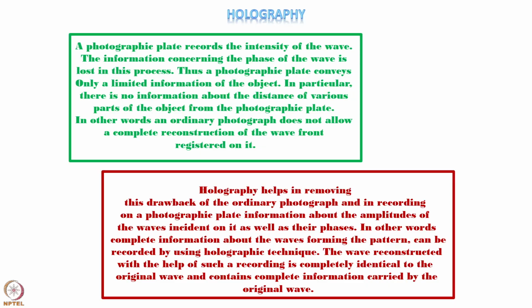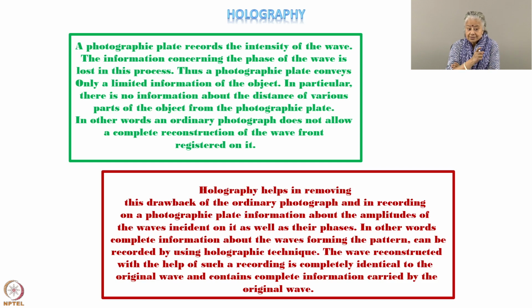So, let me just compare a usual kind of photography and how holography is different from that. A photographic plate records the intensity of the wave. The information concerning the phase of the wave is lost in this process. Okay. Thus, a photographic plate conveys only limited information of the object.